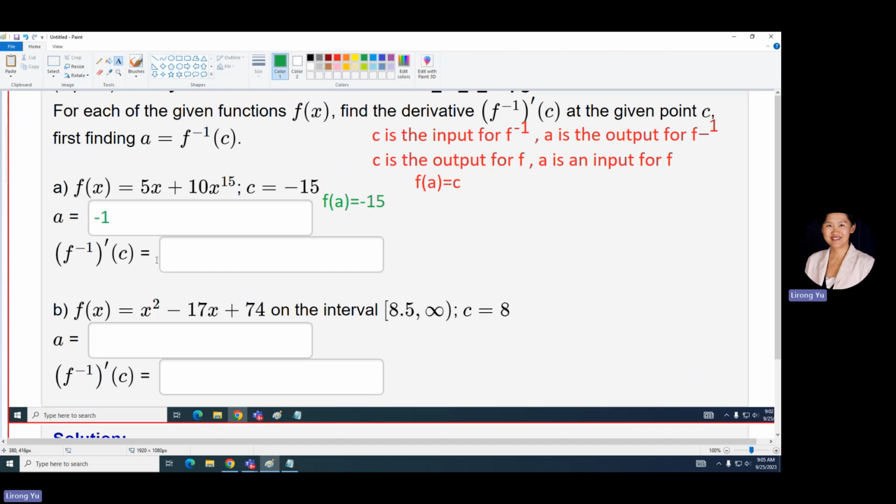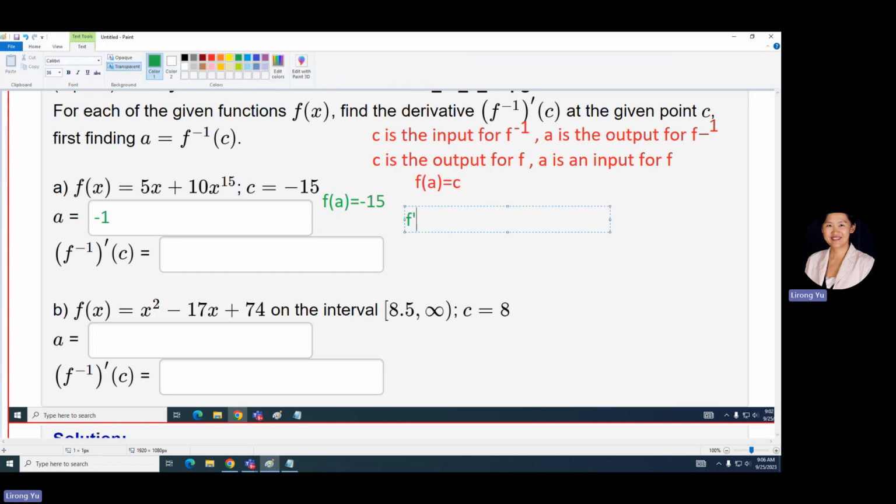But we can definitely find the derivative of the original using the power rule, and the derivative of the inverse is the reciprocal of the derivative of the original. So if you can find the derivative of this function, do 1 over that. That is the derivative of the inverse. So all you have to do is find the derivative function.